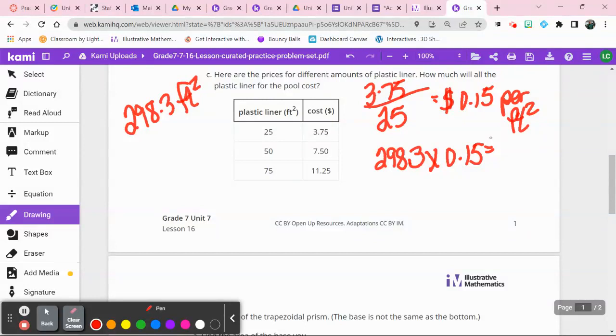So 298.3 times 15 cents. I get this for money. Money only has 2 decimals, so I need to round. I see that's a 5. 5 or more, you add 1 to the decimal before. So my cost for my liner is $44.75.